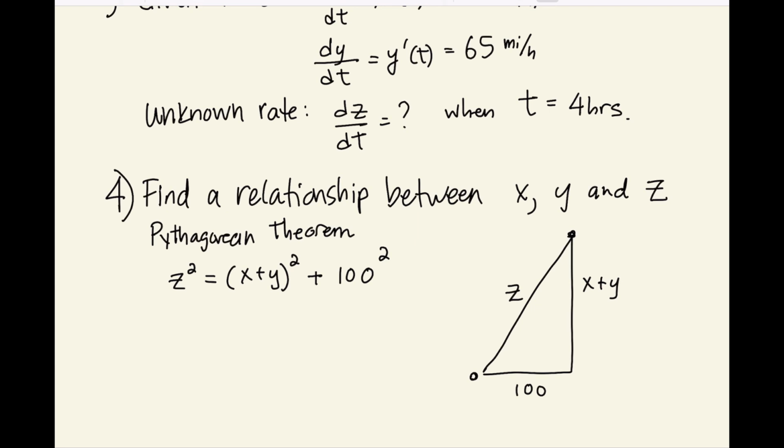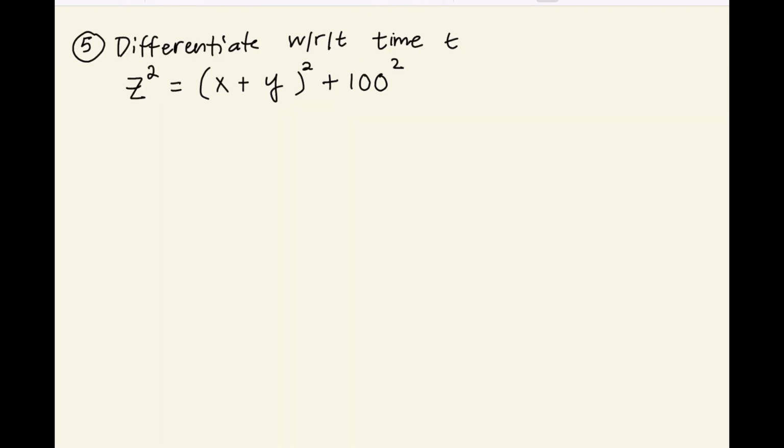So our next step is we are going to take the derivative with respect to t. So in step 5, we're going to differentiate both sides of the equation with respect to time. And I'm going to use the shorthand to do that. So remember, I'm differentiating with respect to t, and therefore I'm going to have to use implicit differentiation and the chain rule as well.